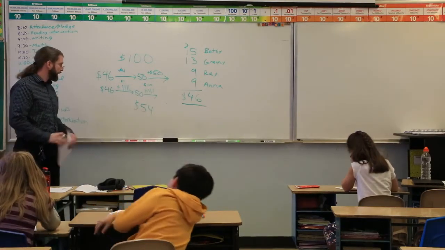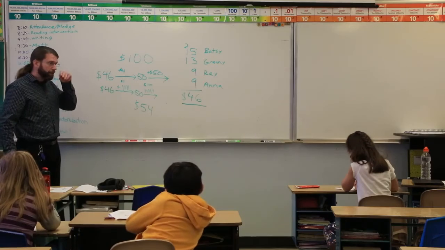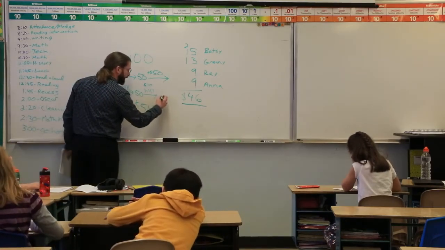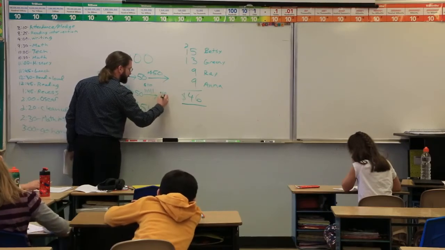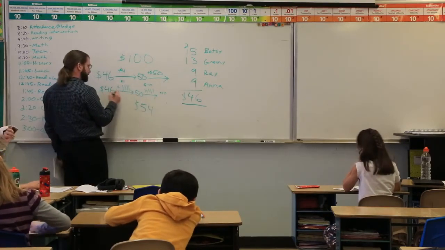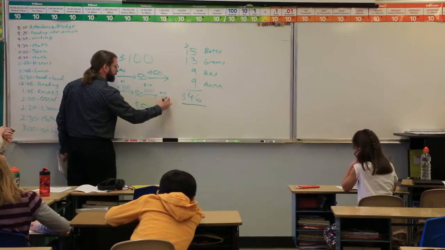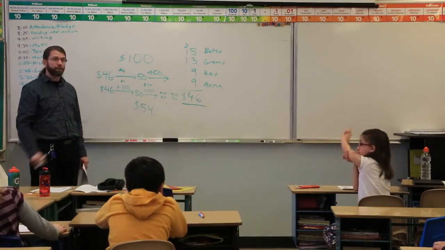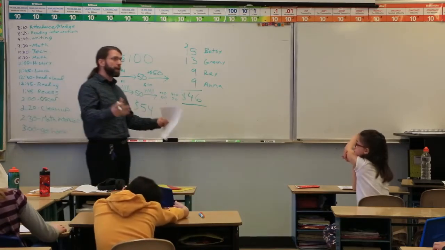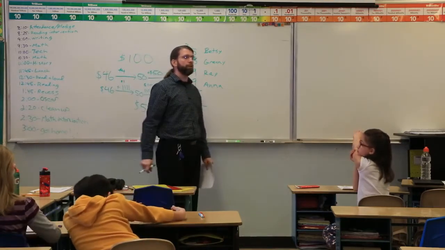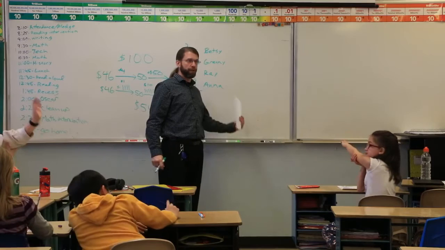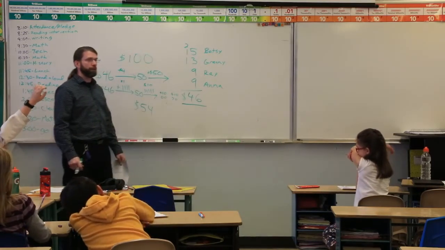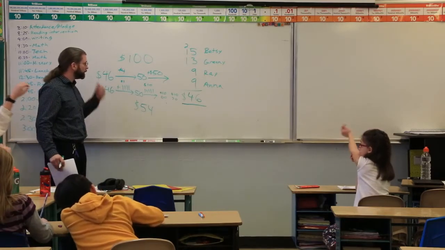I could do that, but I would understand if I saw this arrow language, what you would probably write is plus 10 to get to 60, plus 10 to get to 70. And I could ask a question like, use arrow language to show how you would make change for this if all you had was $10 bills and $1 bills. That's not the purpose of what we're doing here.